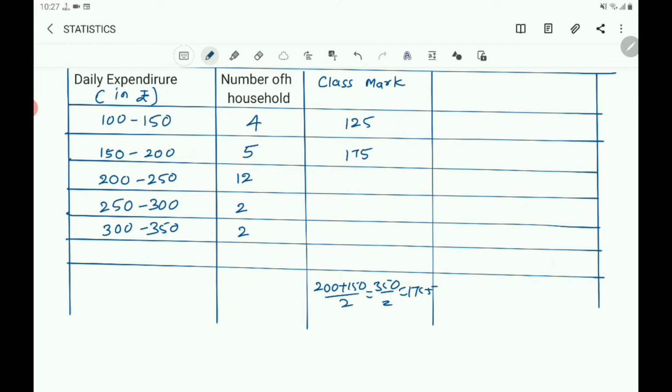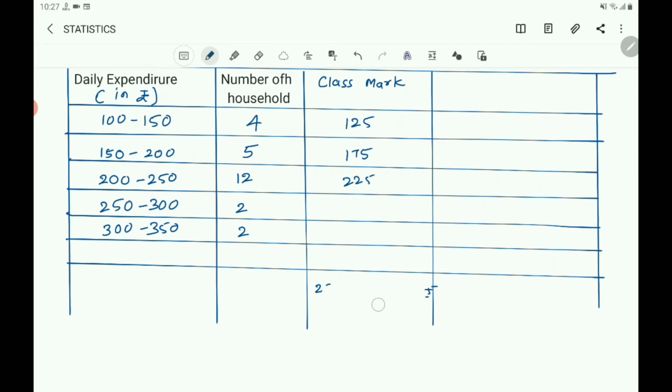Again add 50 to the 175, you will get the class mark of the next class, that is 200 to 250, because here the size of the class is 50. If you add 50 to 175, you will get 225, or otherwise 250 plus 200 divided by 2, 450 by 2, you will get 225 only.